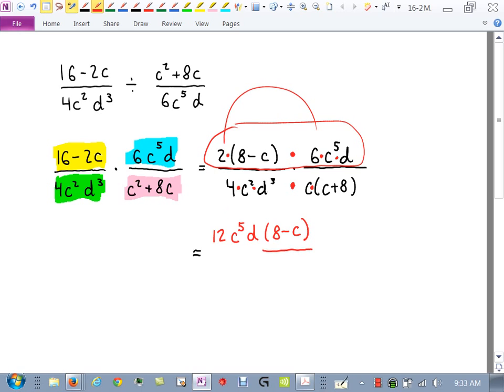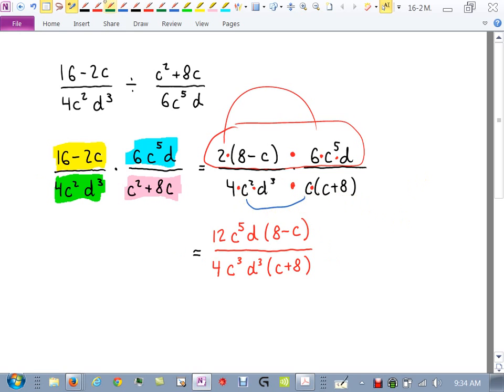On the bottom, let's see. I have just the 4. How many c's do I have on the bottom? 3 of them, right? So c cubed, 3 factors of c. And then d's, d cubed. And then I have that c plus 8. So the only thing I really did on the bottom was put these 2 c's together, right? Right there.